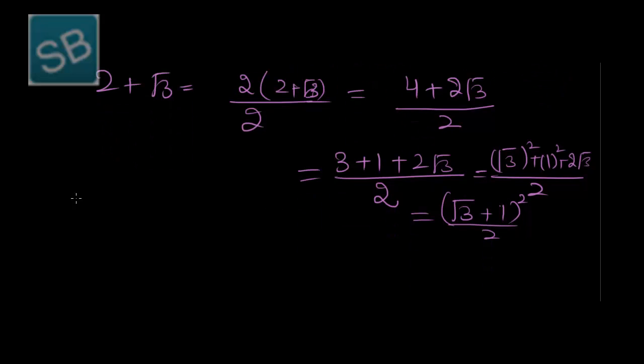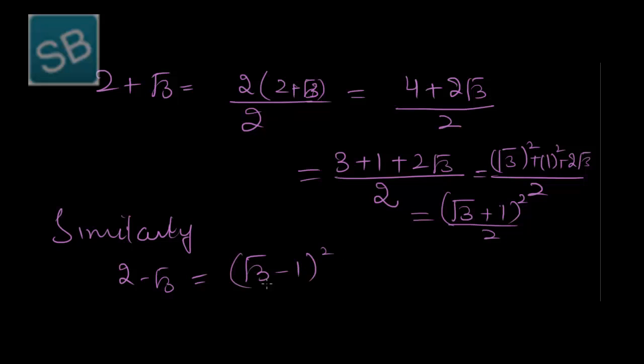Similarly, 2 minus root 3 is equal to root 3 minus 1 whole square over 2. So we can use these values in number 1.